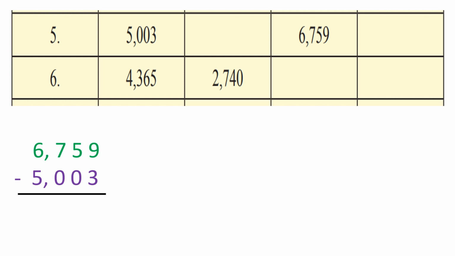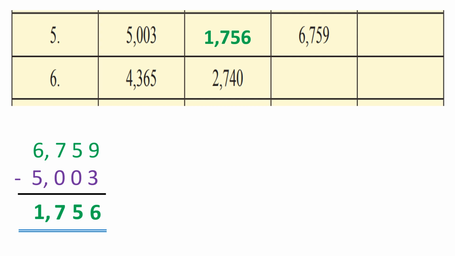Okay? 9 minus 3 is 6. 5 minus 0 is 5. 7 minus 0 is 7. 6 minus 5 is 1. This is your second number, 1,756. Then you write here for the second number.